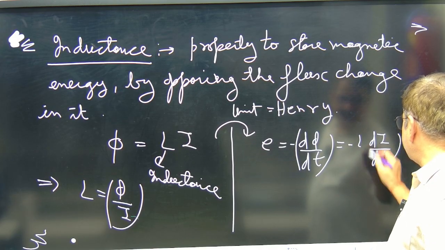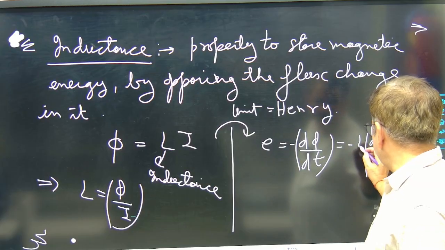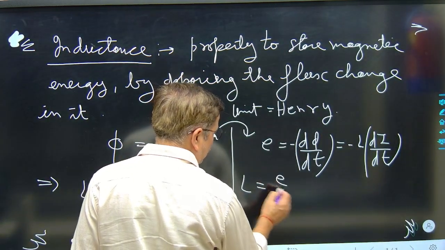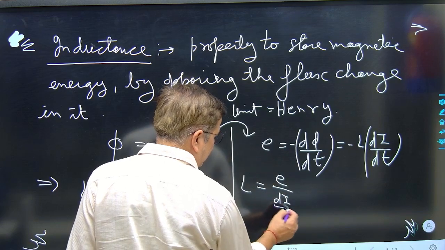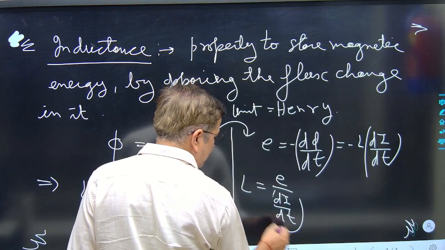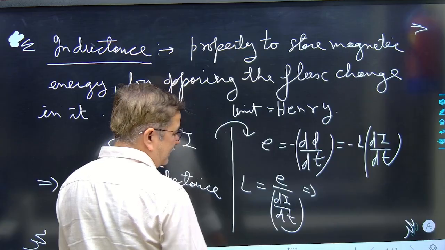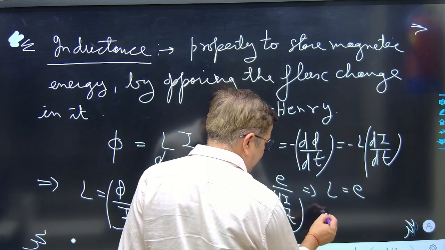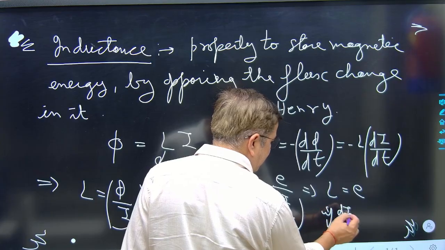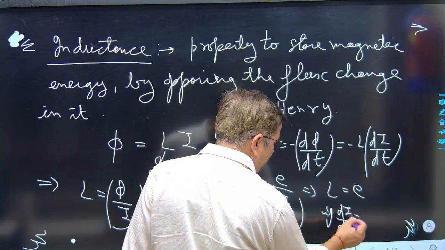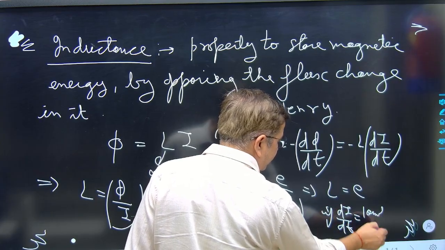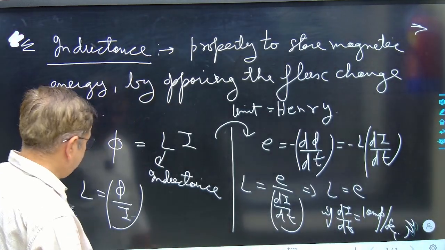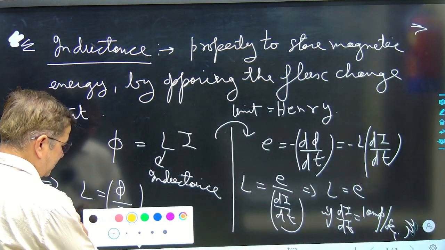So the inductance L is equal to EMF over di by dt. From here I will say inductance is equal to the EMF induced if di by dt in the instrument is 1 ampere per second.